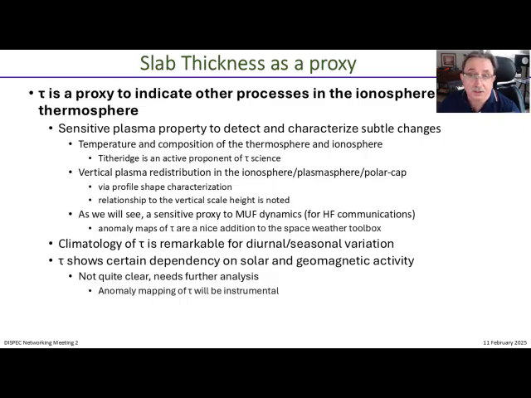A nice indicator of the vertical plasma restructuring, redistribution in the ionosphere, plasmasphere also, by a simple one-parameter characterization of the complete profile shape. Other connections are noted as well: vertical scale height, MUF, maximum usable frequency for HF communications, and etc.